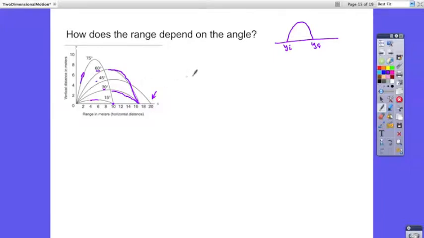And so if you know that a 25-degree angle gives you a certain range and you want to know what other angle gives you the same range, well, 25 plus what equals 90? 25 plus 65. And so 25 and 65 would give you the same range.